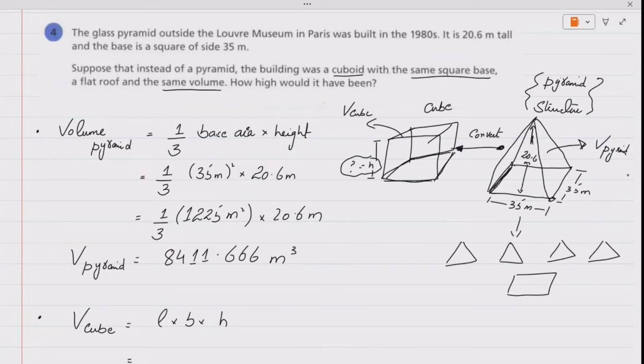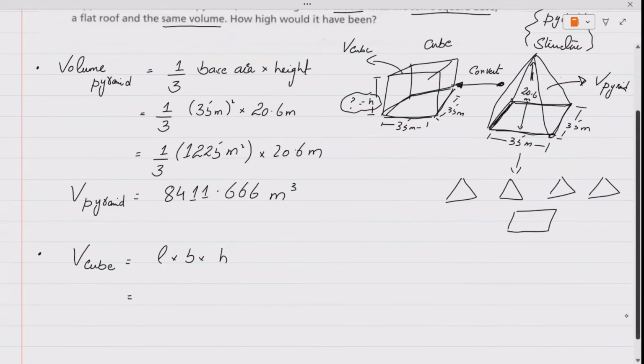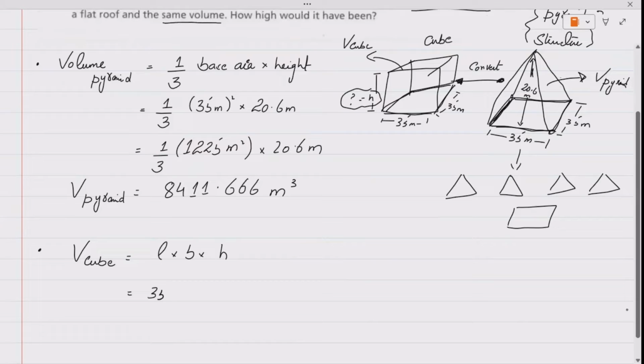So this base is 35 meter and 35 meter. So length is 35 meter into 35 meter. We don't know the height, so this is h. So volume of cube, V cube, is 35 into 35, again 1225 meter square multiplied with h.